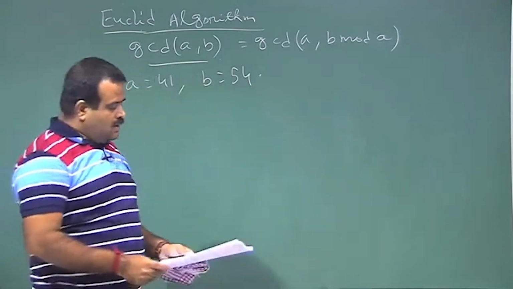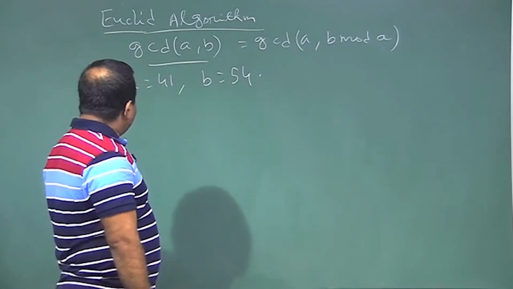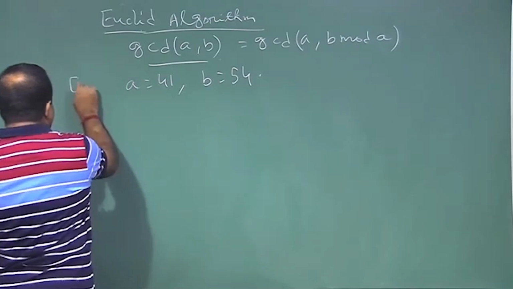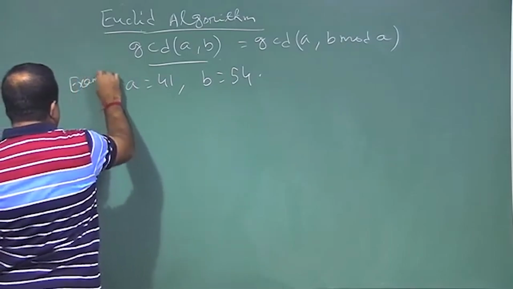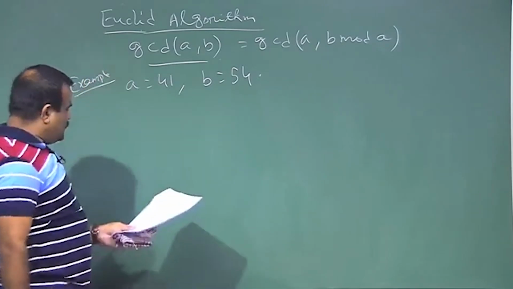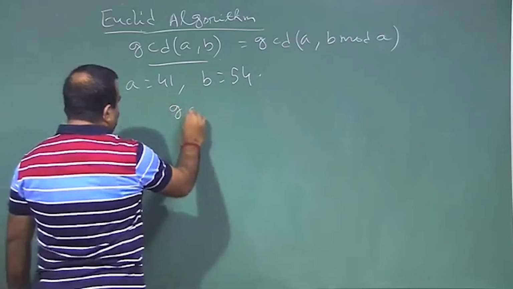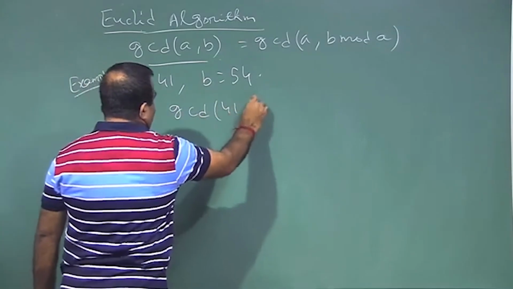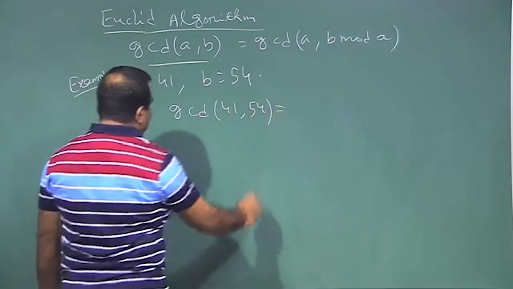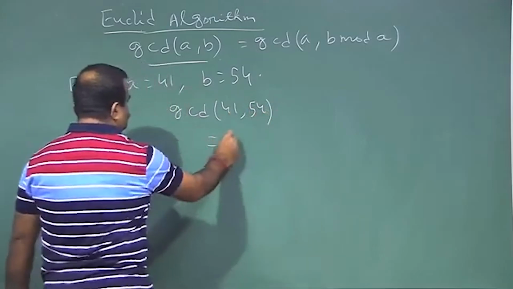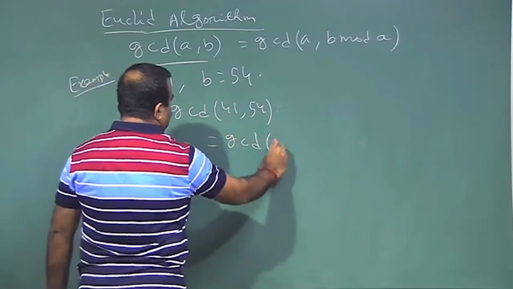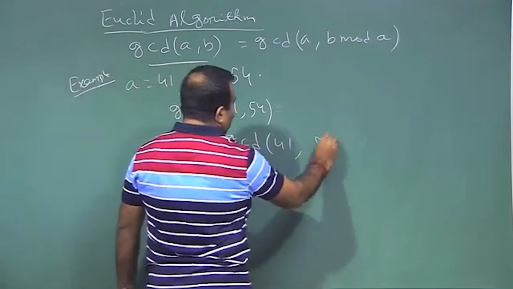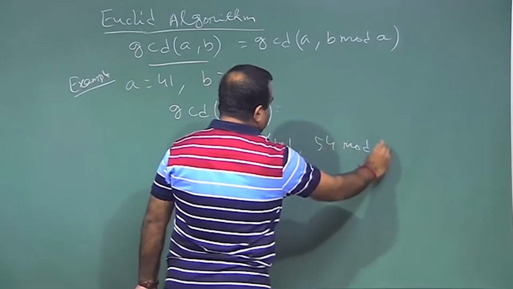Okay, if we take this example, to find GCD of 41, 54, this is GCD of 41, 54 mod 41.